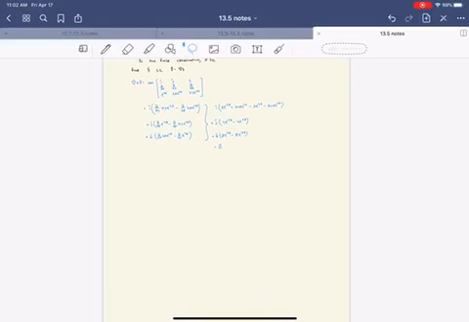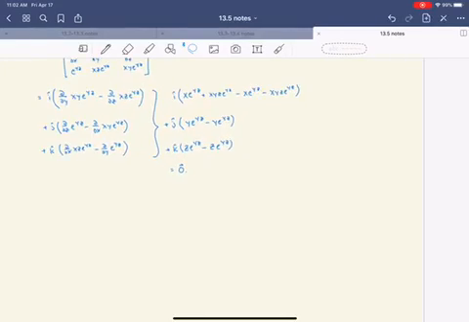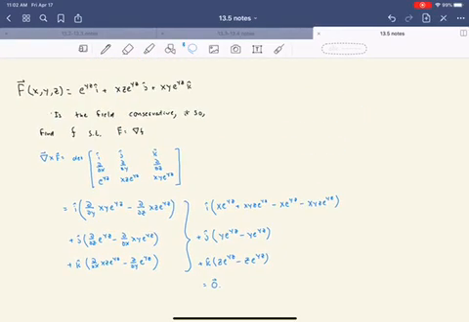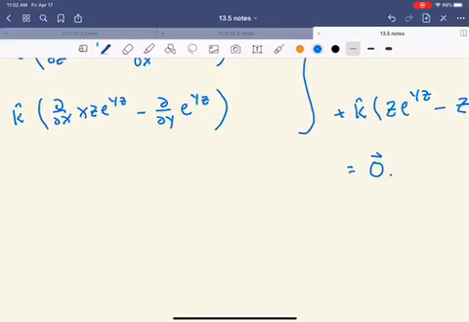Nope. I never get it to work. Okay. Although sometimes it just randomly shows up somewhere. All right. Well, anyways, back to the problem.